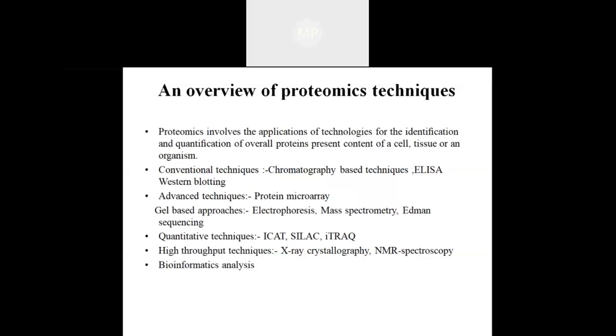Conventional techniques include chromatography based techniques like paper chromatography, thin layer chromatography, and HPLC, and ELISA and Western blot. Advanced techniques include the protein microarray, and the gel based approaches include electrophoresis. Electrophoresis consists of SDS, agarose gel electrophoresis, and 2D gel electrophoresis, and another one is mass spectrometry and advanced sequencing.